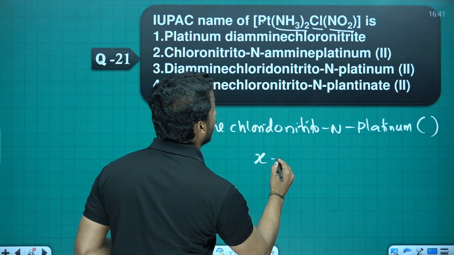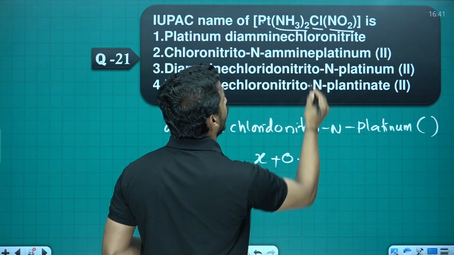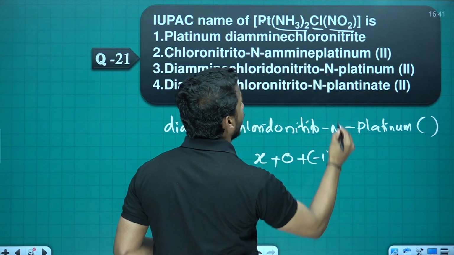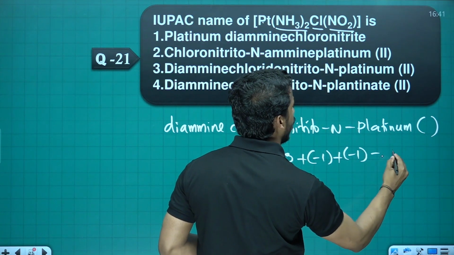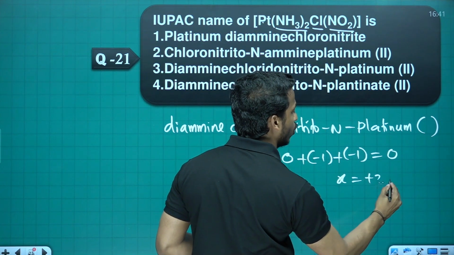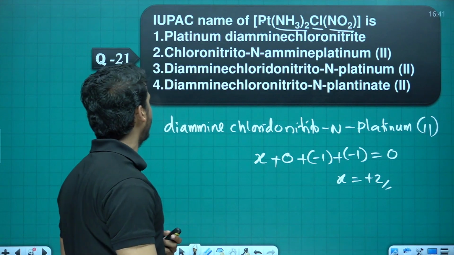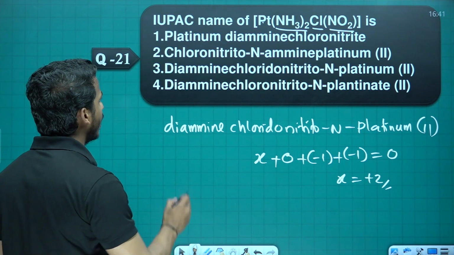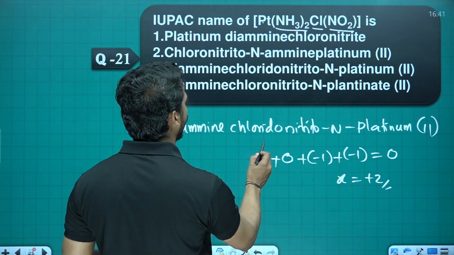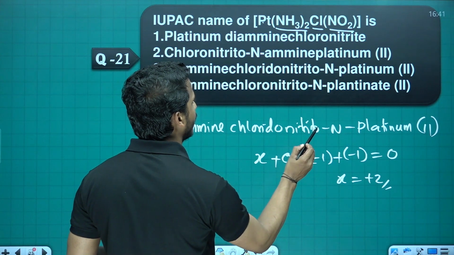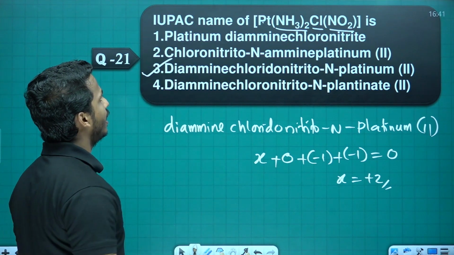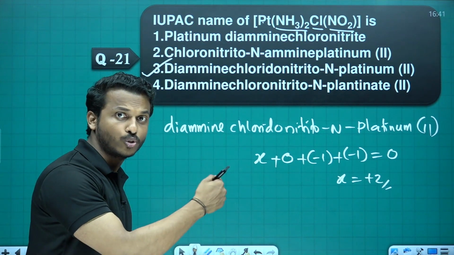Platinum oxidation state X, amine is 0, chlorine is -1, and NO2 charge also -1, overall 0, X equal to +2. Where is the answer, my dear? Diamine, chlorido or chloro, nitrito and platinum 2. Yes, option 3 is the correct answer. Please cross check it, all of you.